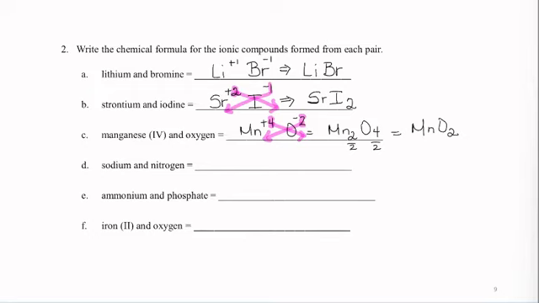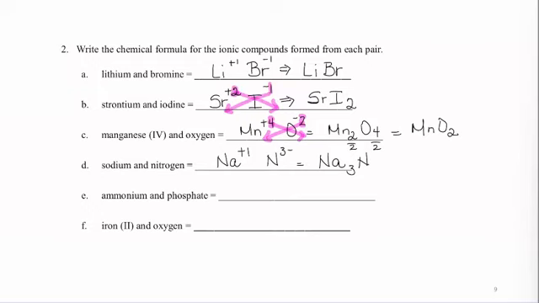Excellent job. This is Na plus 1, N 3 minus, so Na3N.